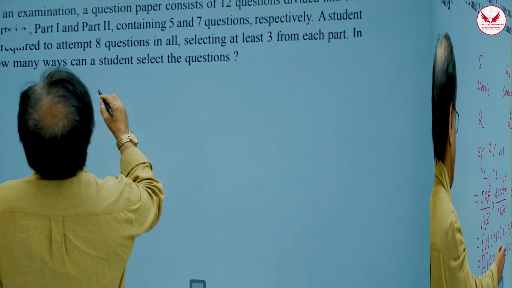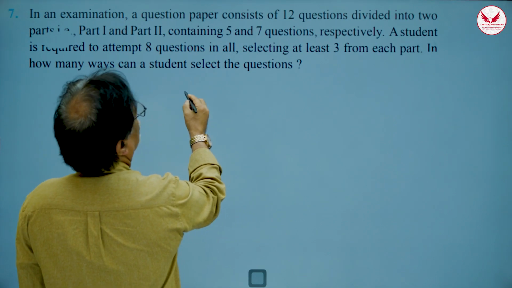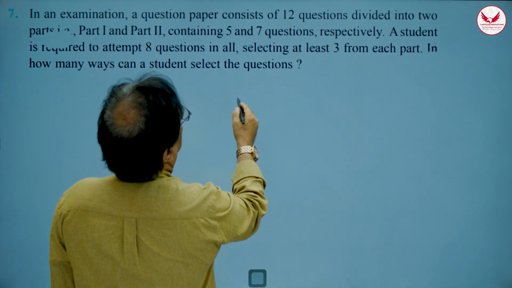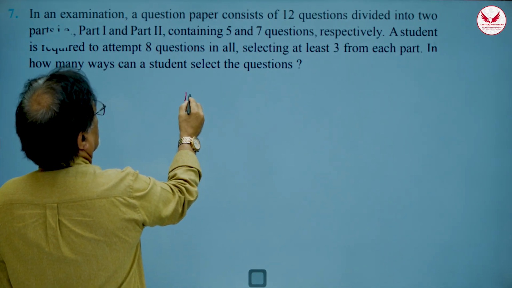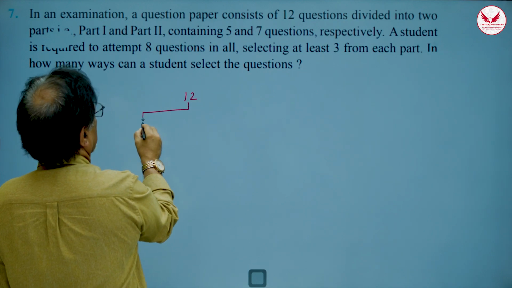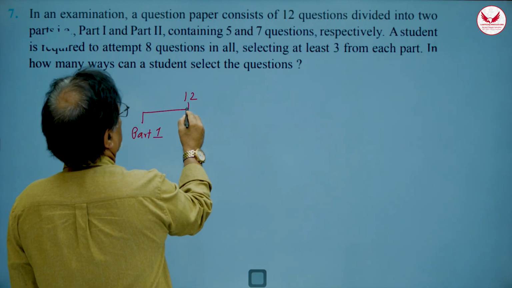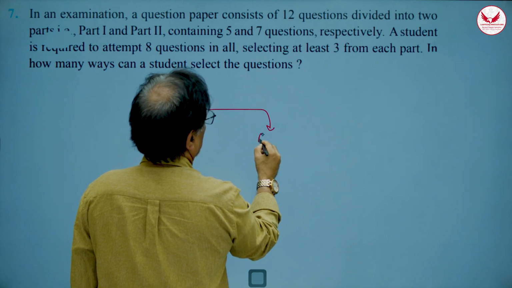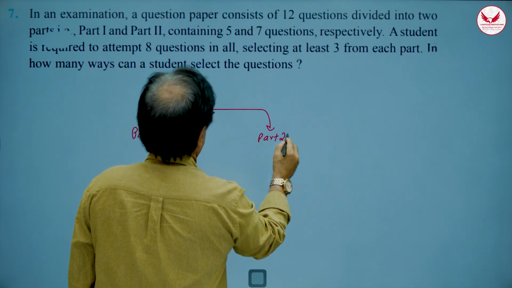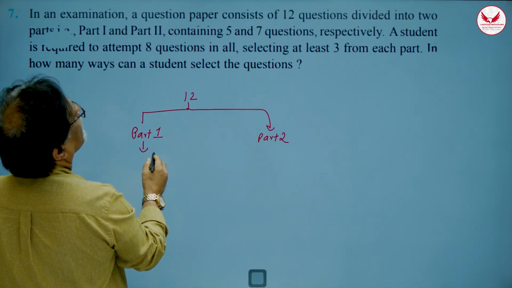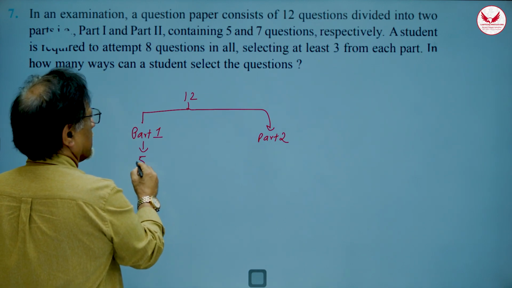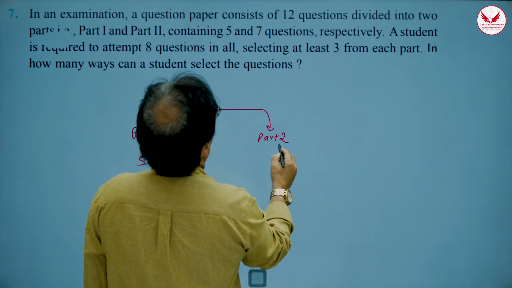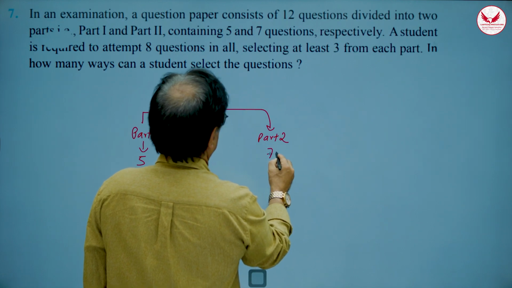Okay. So in an examination, the question paper consists of 12 questions. So 12 questions, part 1 and part 2. Now part 1 contains 5 questions and part 2 contains 7 questions.